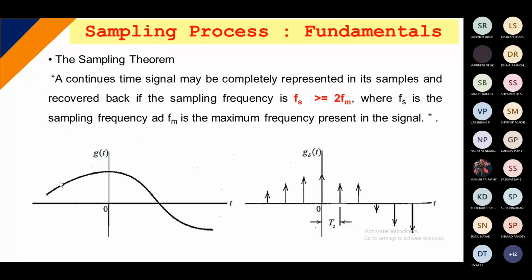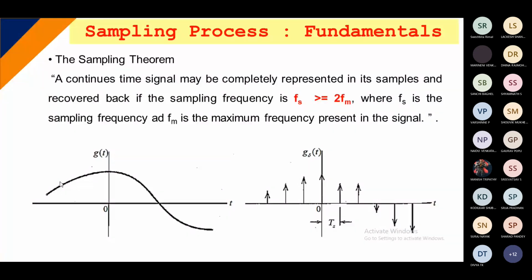Ideally, there is a very important theorem called the sampling theorem, which says the following. Read it very carefully and keep it in mind, because this is the fundamental starting point of digital communication.